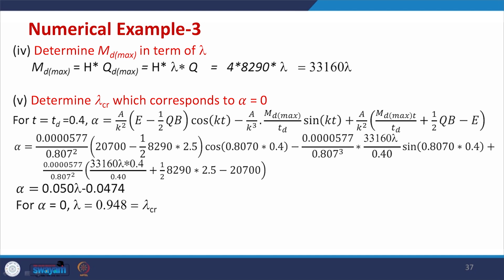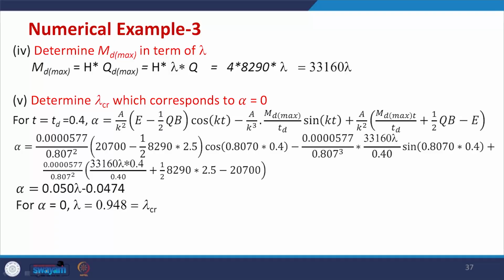the value of lambda which gives you the value of alpha equal to 0 will be called lambda CR, that is the critical value of lambda, where alpha will be 0. So, what we can do is, for given value of t equal to Td, at 0.4 second, find that value of lambda, that is the load factor, where you do not get any rotation.